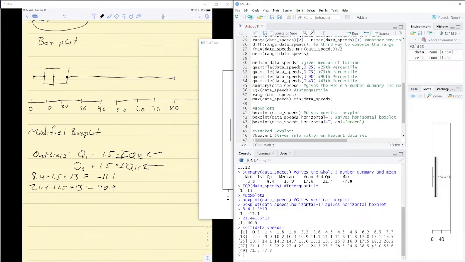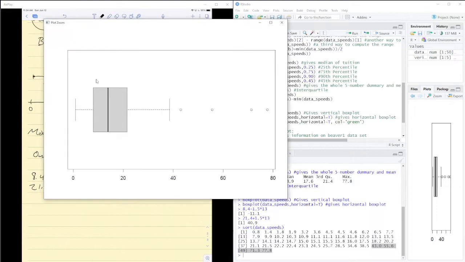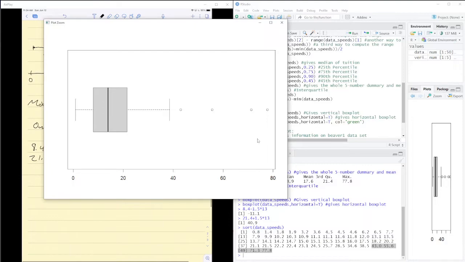We have a few, right? We have 43, 55.6, 71.3, and 77.8. And notice where these points are. Those are the outliers. So a modified box plot accounts for those.